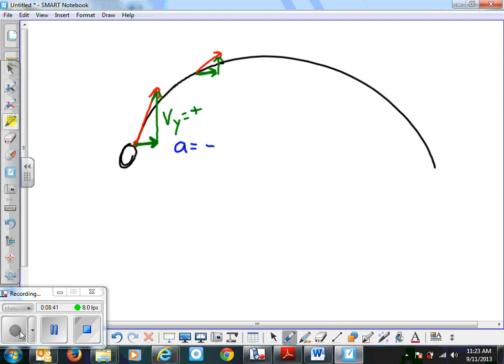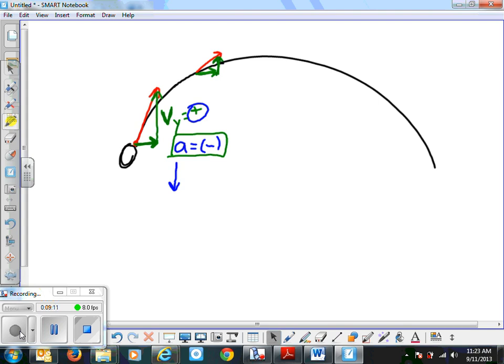It's negative, which means it's exactly the opposite direction of what I deem positive. So when you have those two different signs of acceleration and velocity, it's slowing down, right? So this acceleration is taking away from this velocity every instant in time, and at this point we can signify that it's much smaller.